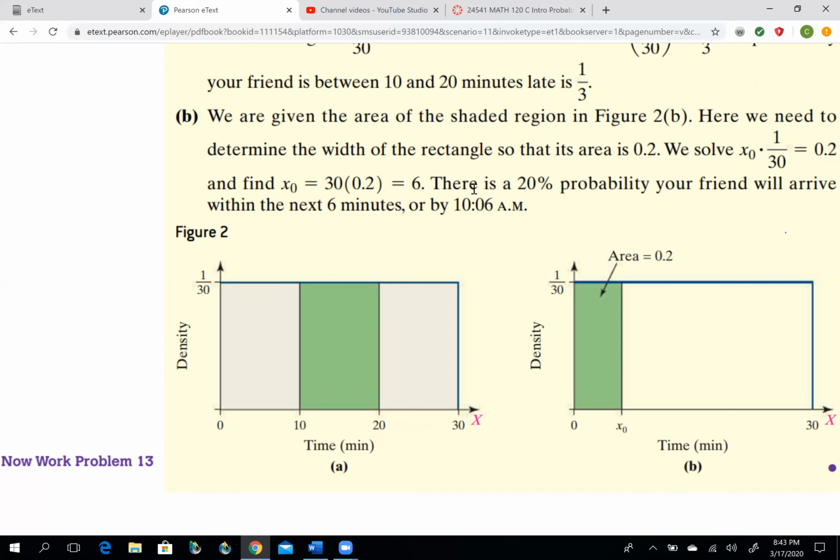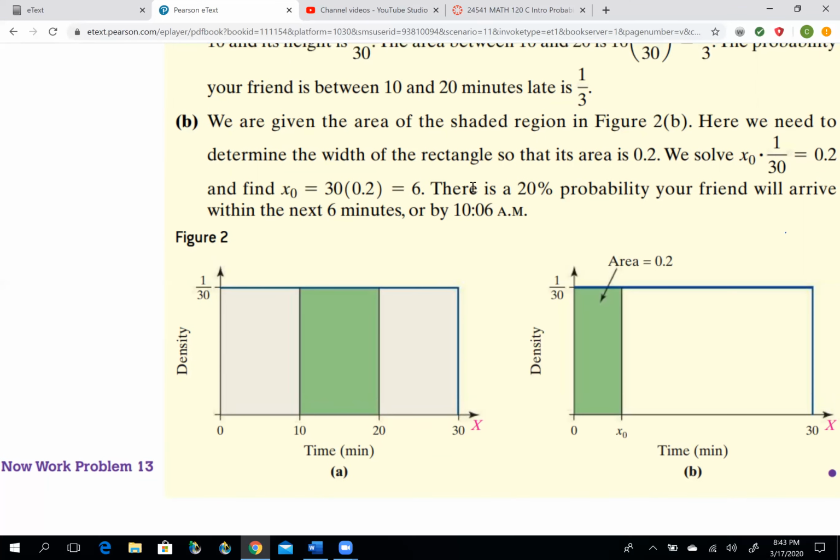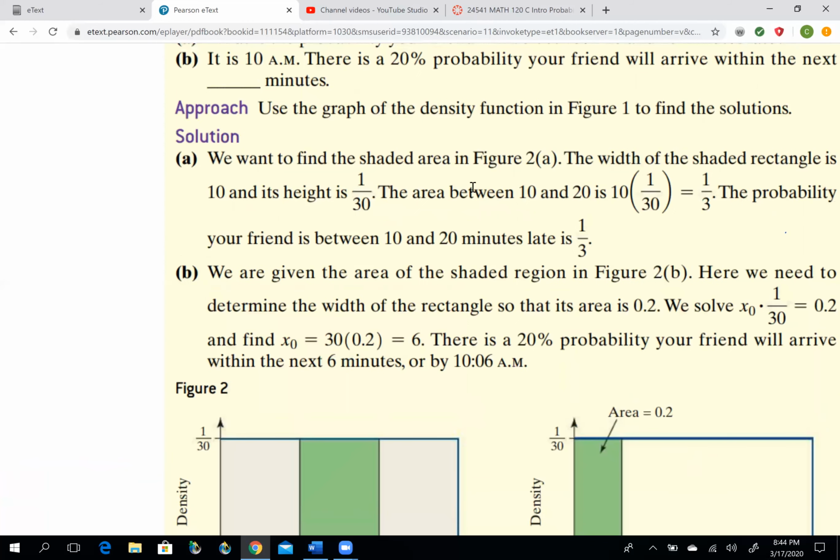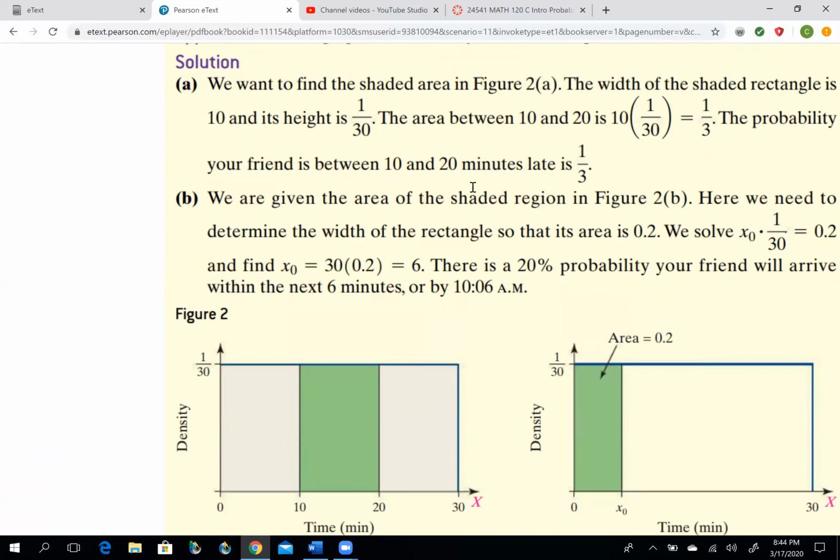So the length here is 10, and the height is 1 over 30.